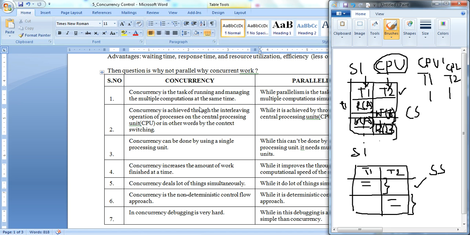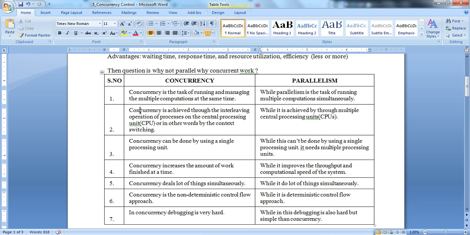That is the basic difference. Concurrency is achieved through interleaving operations on the central processing unit, in other words, context switching. It means the CPU switches tasks: sometimes it executes the T1 task, then sometimes the T2 task. That is simply interleaving the operations.